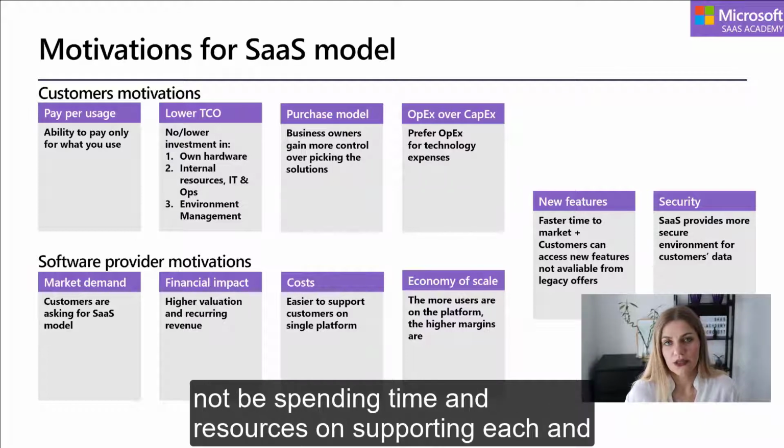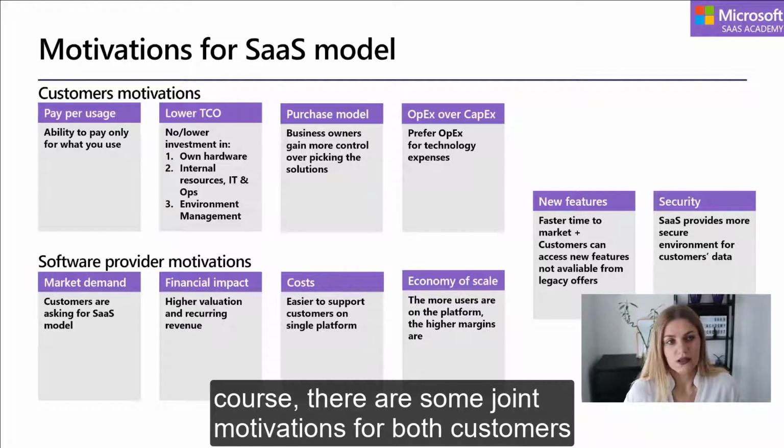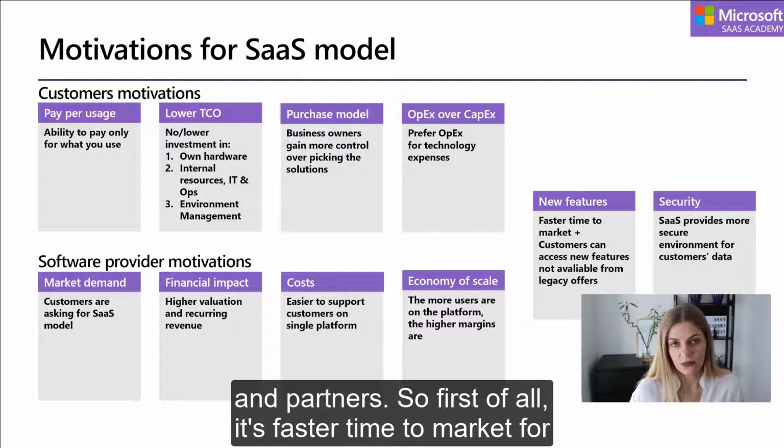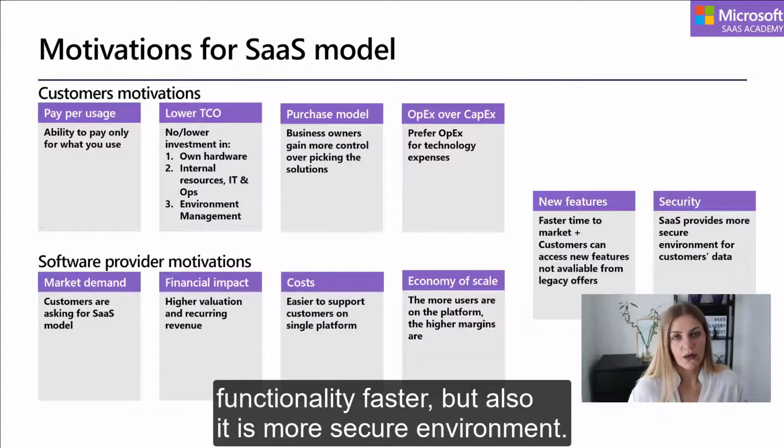You will not be spending time and resources on supporting each and every customizable installation of different customers. And of course, there are some joint motivations for both customers and partners. First of all, it's faster time to market for new features. Customers will be able to access new functionality faster, but also it is a more secure environment.